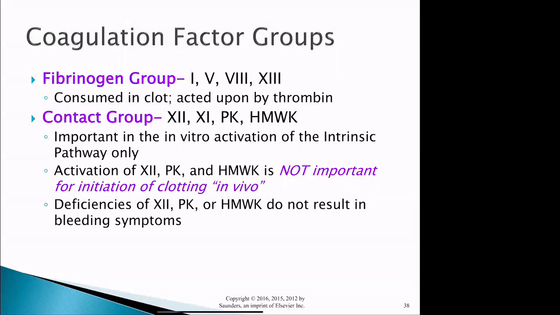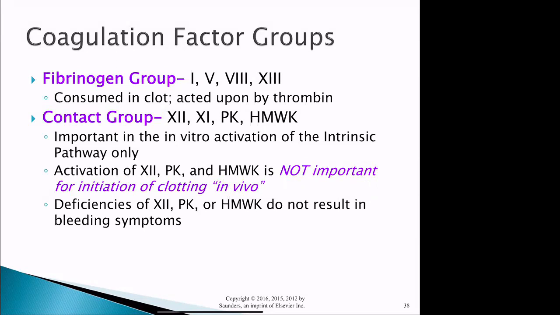And so these contact group factors, factor 12, 11, PK, high molecular weight, are not important for in vivo initiation of your coagulation cascade, but they are important for in vitro.